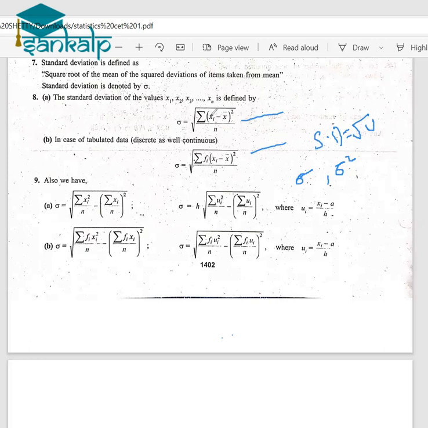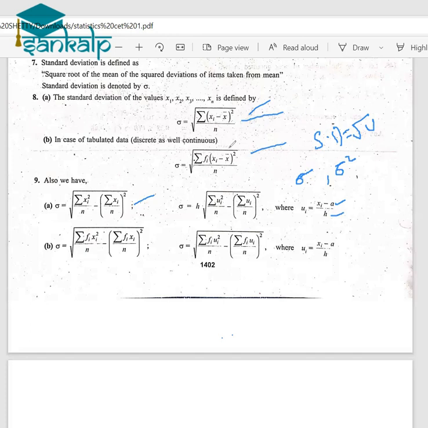And when we are considering the mean using the step deviation method, the formula will change to sigma is equal to h into root of sigma ui square upon n minus sigma ui upon n whole square, where ui is equal to xi minus a upon h. A is the assumed mean and h is the size of the class interval.